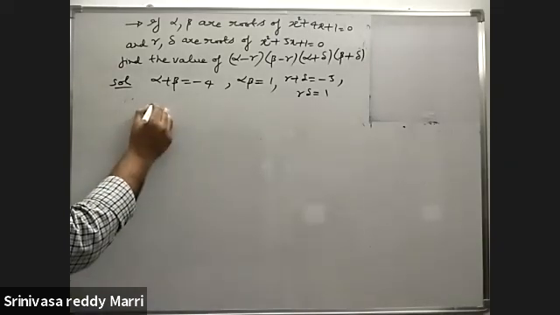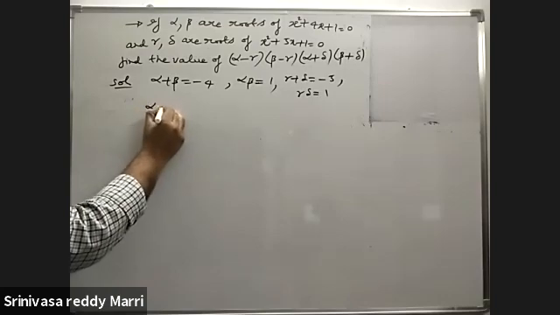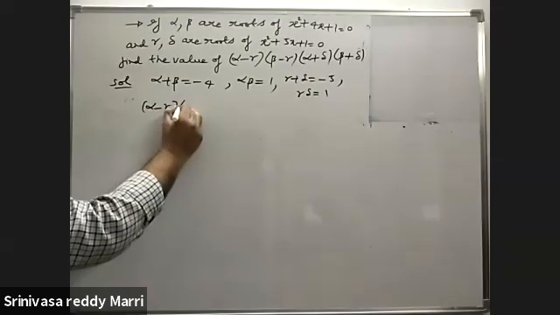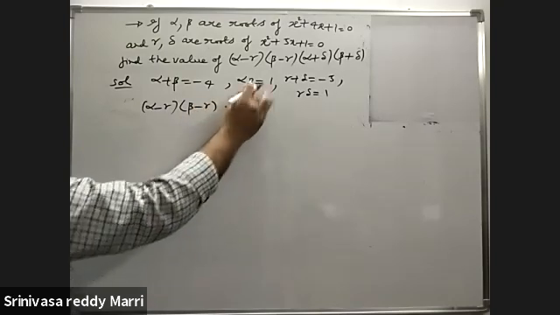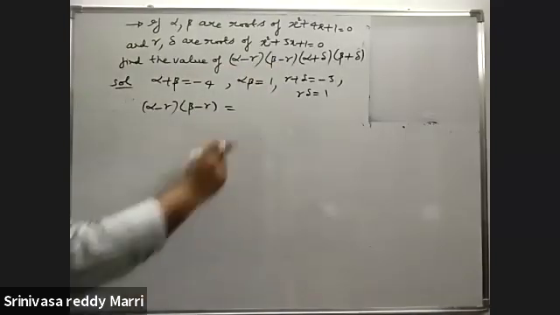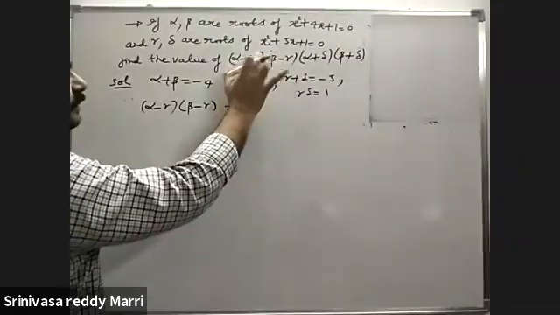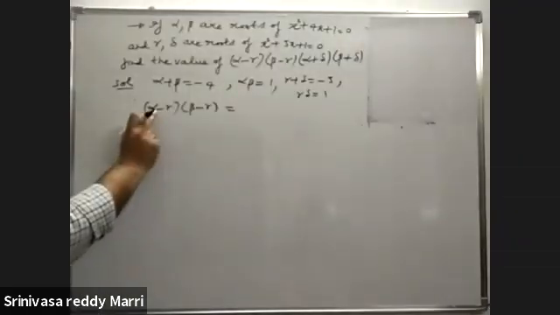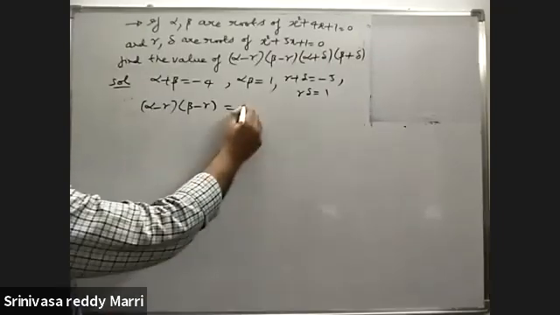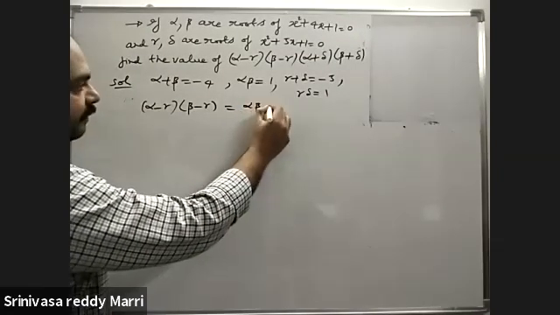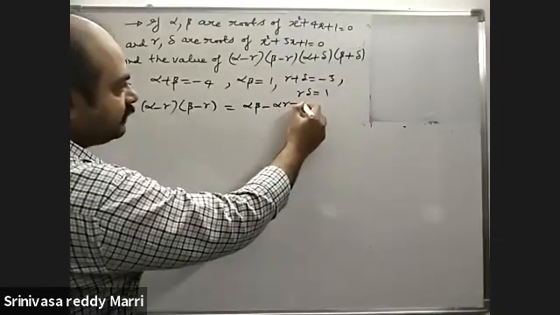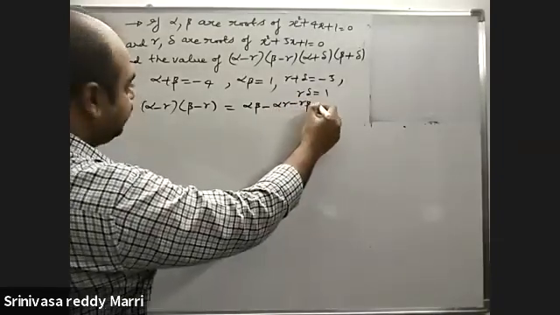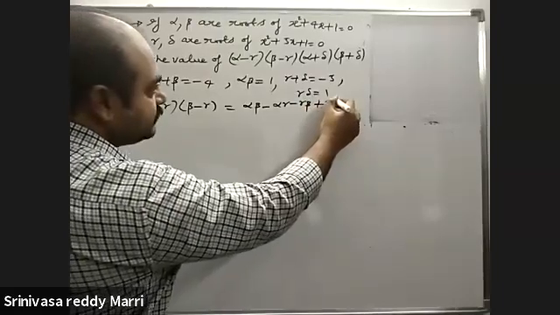Now what I am doing is, first I am taking these two, because gamma is common. Obviously I will select these two because gamma is common, and I will multiply. Look at: alpha beta minus alpha gamma minus gamma beta plus gamma square.